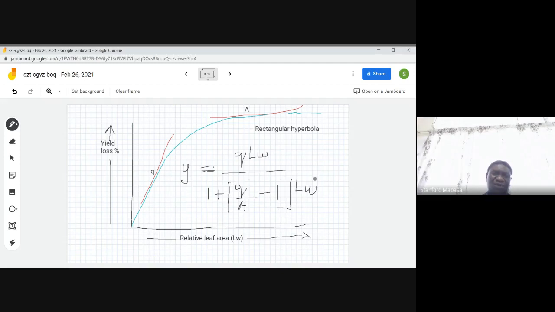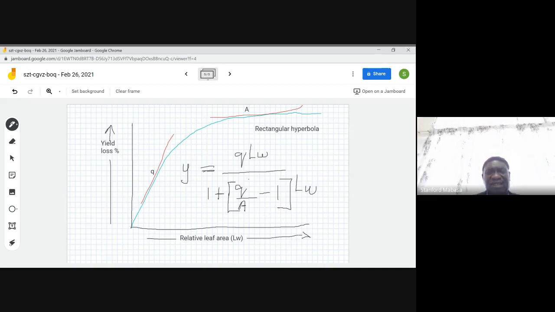Now, this equation could now predict yield loss. What they said was that this was better than Cousens' approach because if weeds emerge ahead of the crop, this leaf area is a robust system.